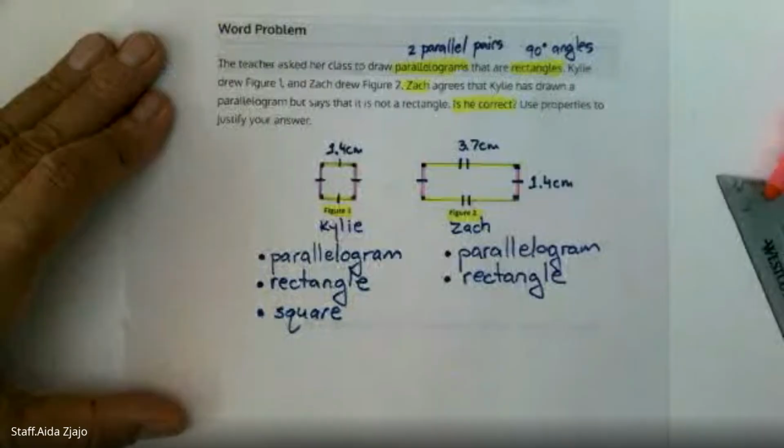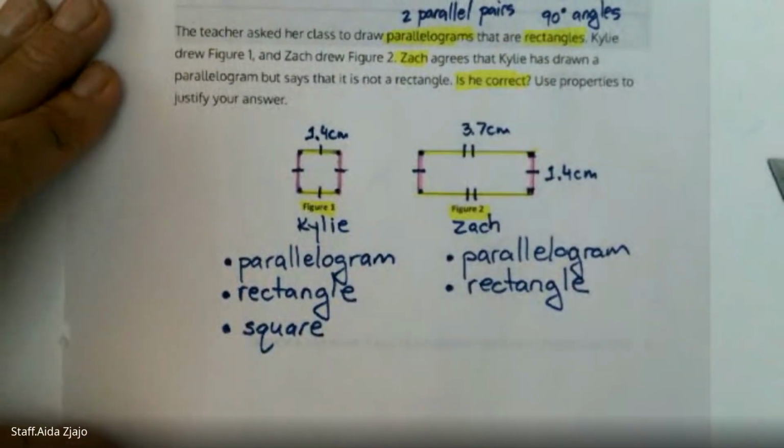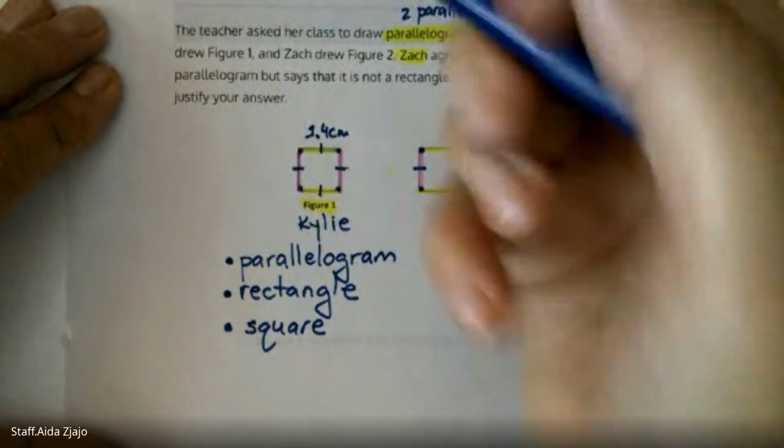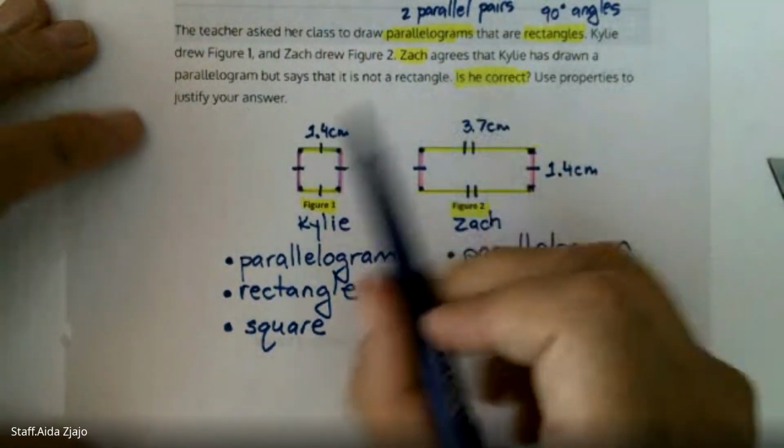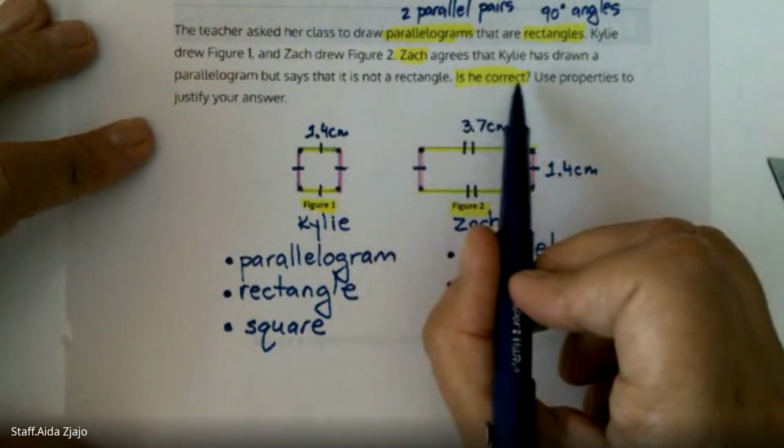So we found the answer. I'm going to make it smaller so you can see it. So let's see how we can use the properties. Is he correct?